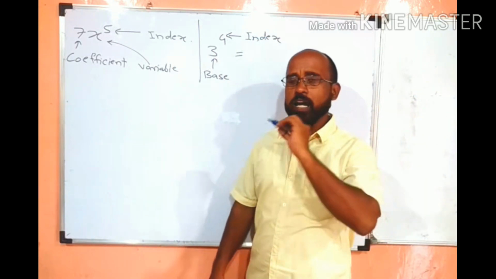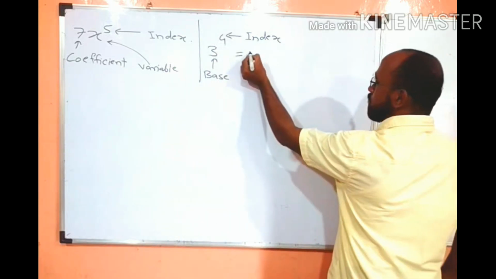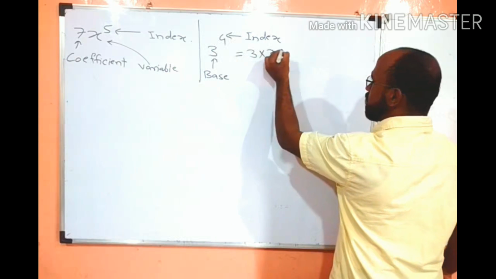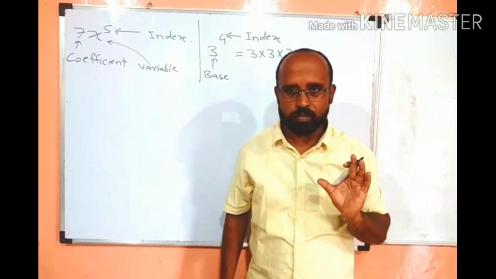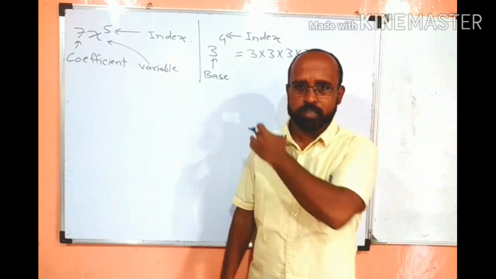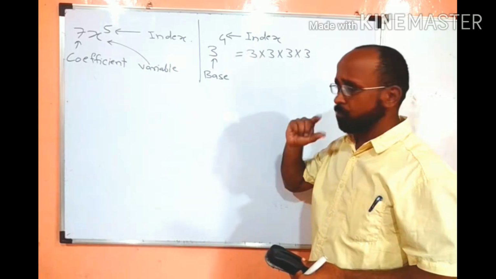Clear, students? And what is the meaning of this 3 raised to 4? 3 raised to 4 means 3 multiplied by 3 multiplied by 3 multiplied by 3, 4 times, and whatever is the answer of multiplication, that we have to write. Clear, students? So this part we learn.